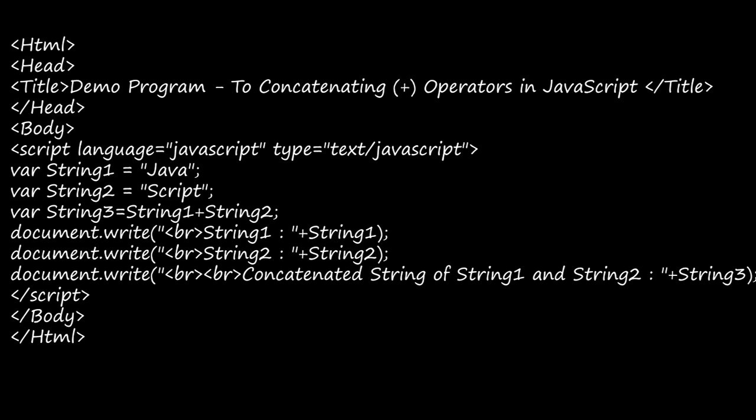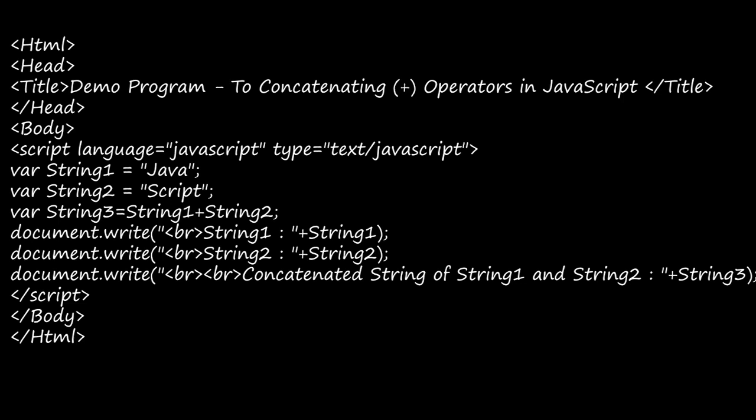Var string1 is equal to "Java". Var string2 is equal to "script". Var string3 is equal to string1 plus string2. So how will you get the output? Java and script will be concatenated. We'll get the output as JavaScript, right? For getting the output, we have used document.write inside the bracket, inside the double quotes, string1.